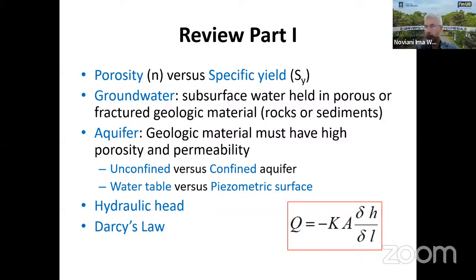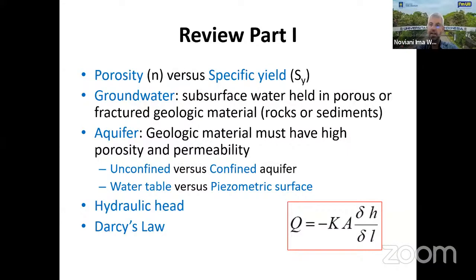And in terms of aquifers, we said there is an unconfined type of aquifer and a confined type of aquifer. The difference is the unconfined one is open to the atmosphere and can be directly recharged from the surface, whereas the confined aquifer is covered by a layer that is not permeable and through which water cannot migrate.